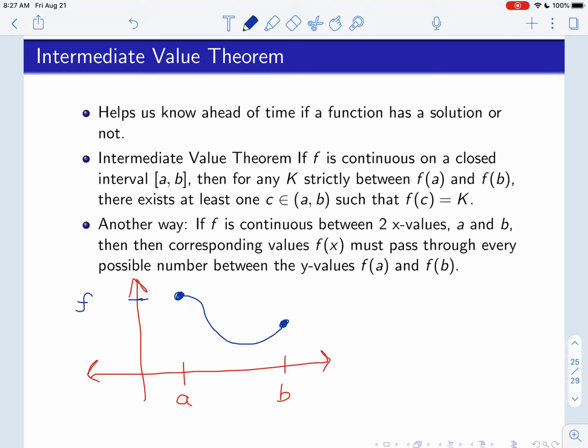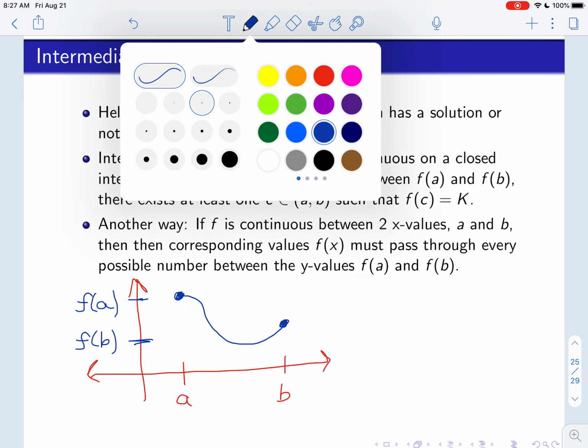We've got f of a is the higher one, and we've got f of b, because those are just lining up with their points.